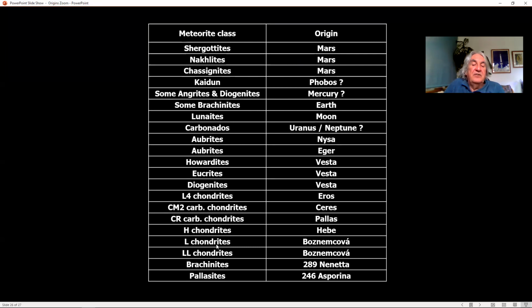And again, some H and LL chondrites do match various asteroids. Of course, that's not complete, and it's not to say that every pallasite came from Aspera. Far from it. It's just that numerous pallasites have been linked to that particular asteroid.